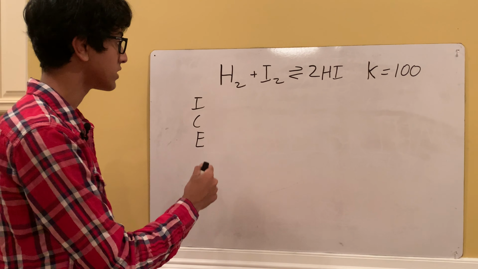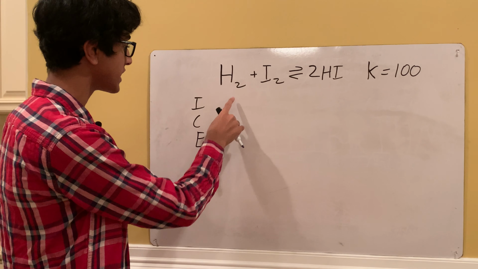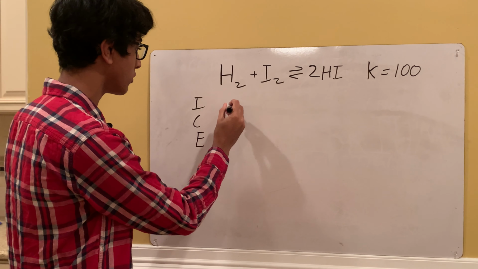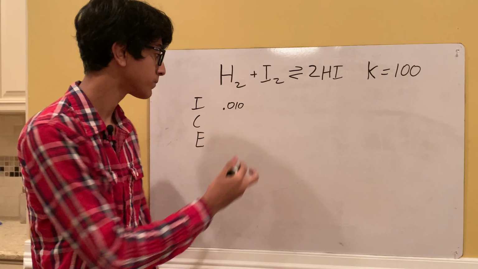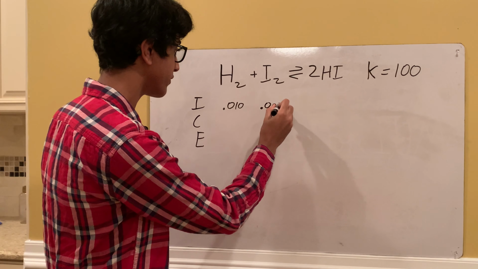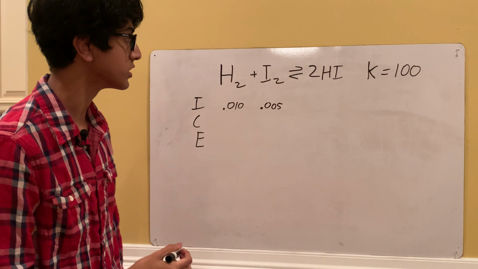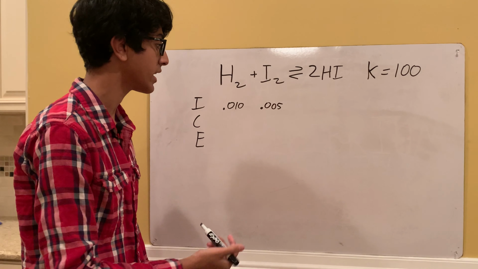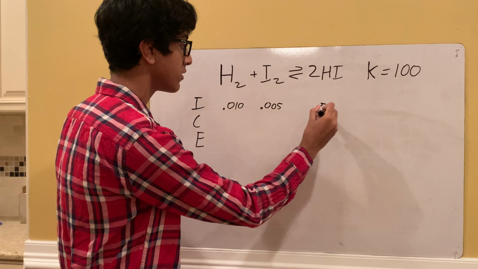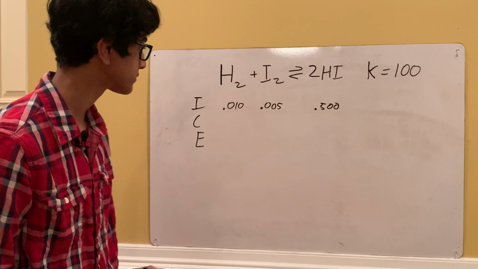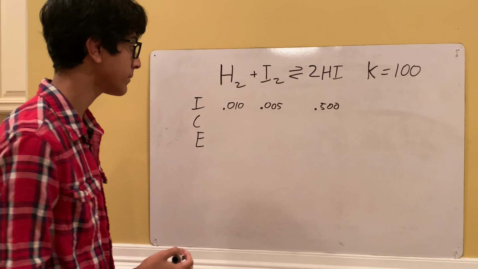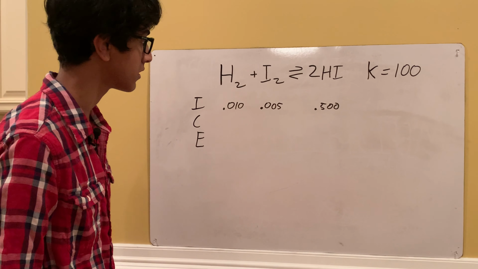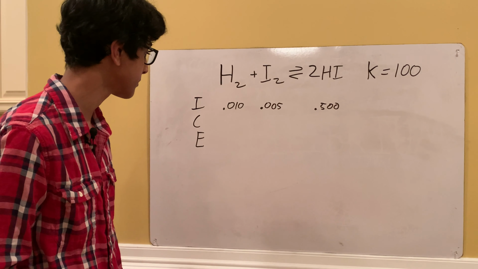So the initial concentration of H2 is 0.010, and the initial concentration of I2 is 0.005, and the initial concentration of 2HI is 0.500. And this is all in molarity, by the way, so you could put brackets around these, but I'm just going to leave it like this.